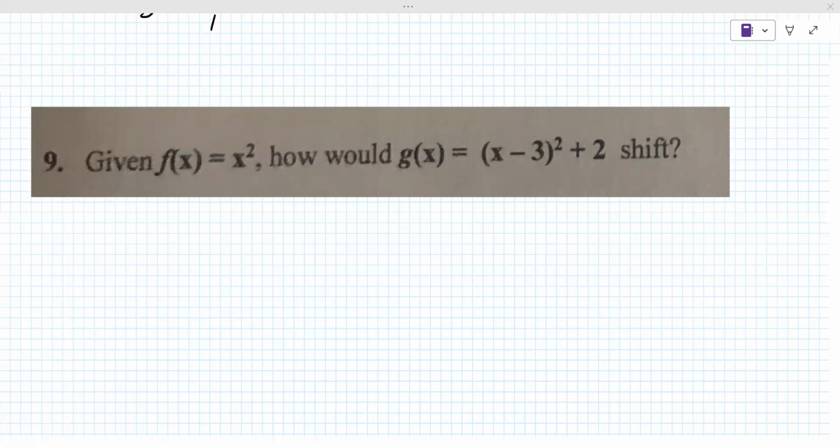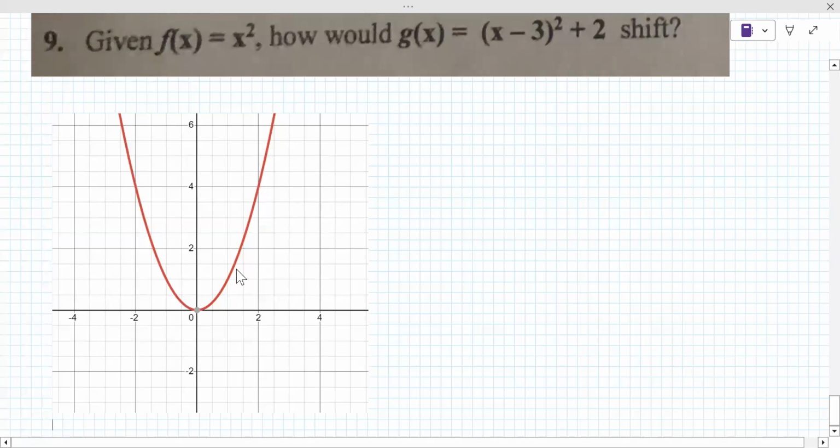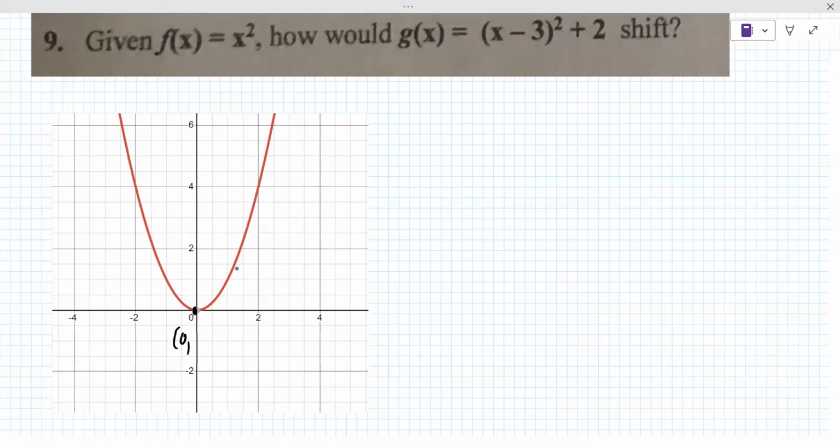Okay, so here's what I'm going to do. I'm going to graph the original. Hopefully you remember what the original looks like here, but I'll snip it in. All right, so here is the original. Notice its vertex is at 0, 0. And then here is the transformed one, which you enter just the way it's written, plus 2.